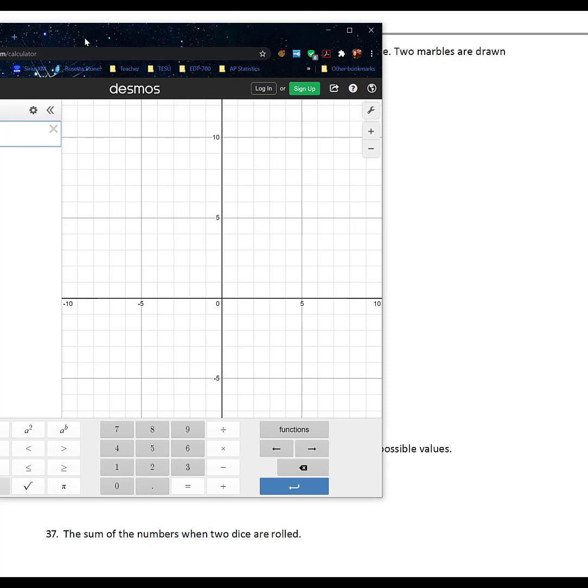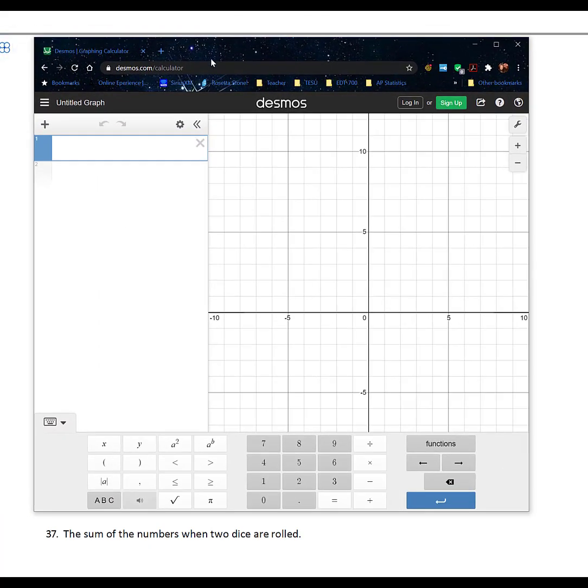Desmos calculator, since most of you will be using that anyway. So let's say we got 3 divided by 10. And then we're going to multiply times 2 divided by 9. And we should get 0.0666, which is the same thing as saying 1/15, I believe.